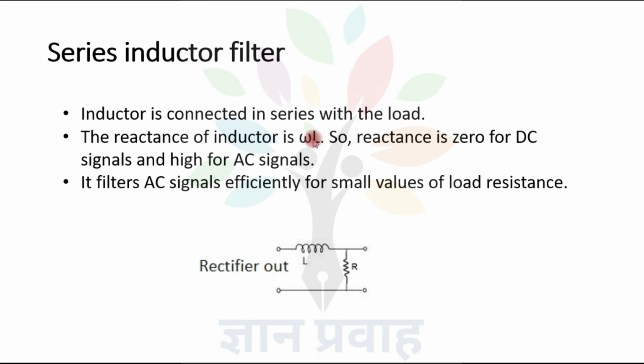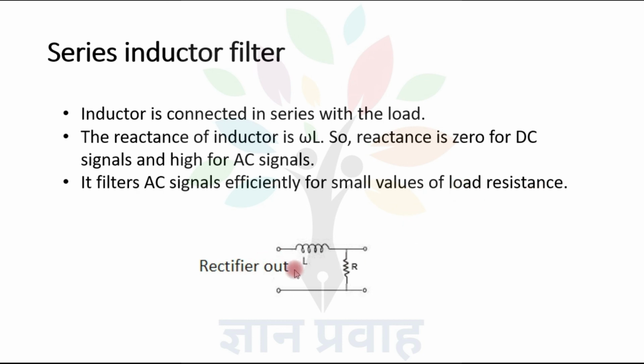So for a DC signal, the frequency component is 0. So the reactance value for a DC signal is 0. So this property is applied for the series inductor filter. So it filters AC signal efficiently for small values of load resistance.